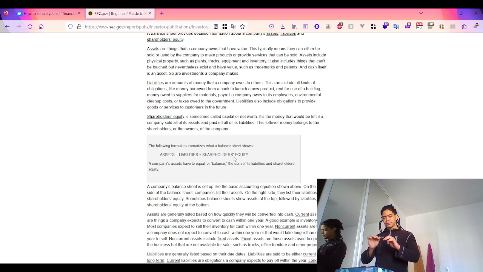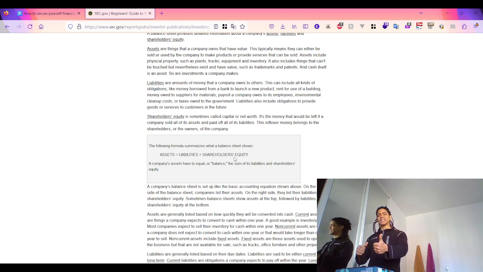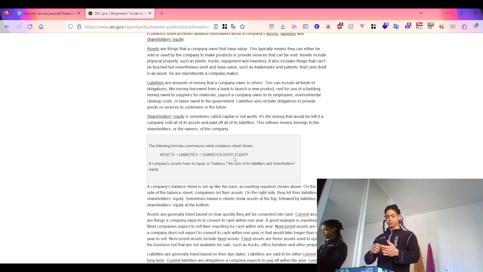And shareholders' equity is the money that would be left over if, hypothetically, a company decided to sell off all of its assets and pay off all its liabilities. The leftover money belongs to the shareholders.